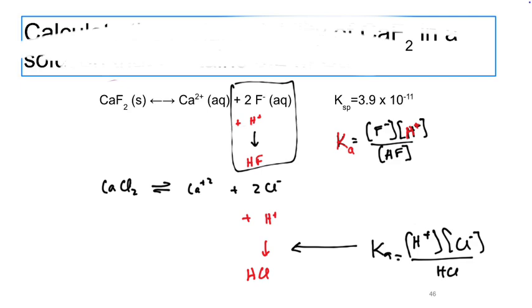Do you know the Ka for either of these two? People are like, no, nope, I don't. Should you? Yes. We've actually defined the Ka for one of these. We defined the Ka for HCl. What did we define the Ka for HCl to be? It's a strong acid, and because it is a strong acid, what is its Ka?